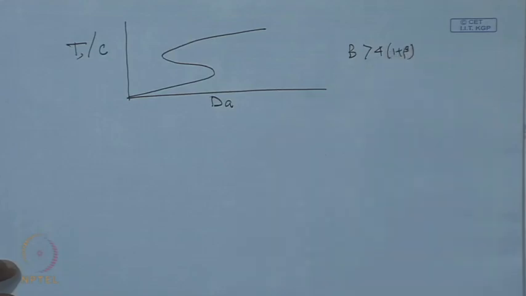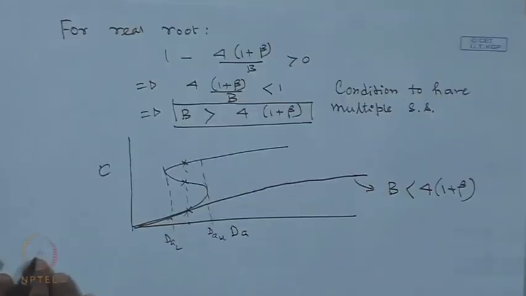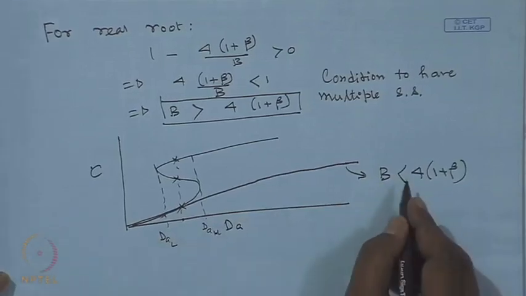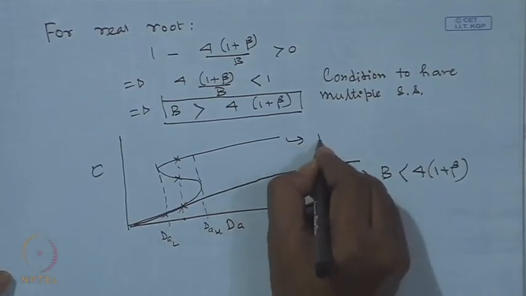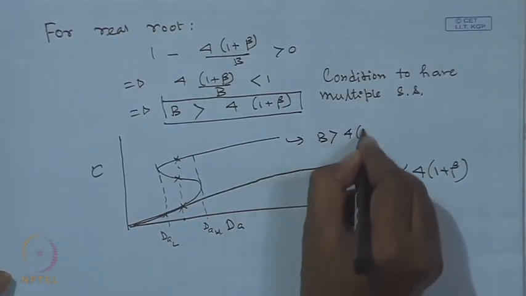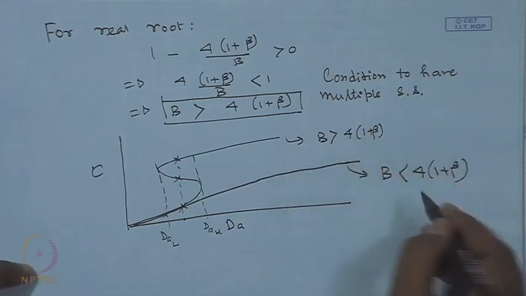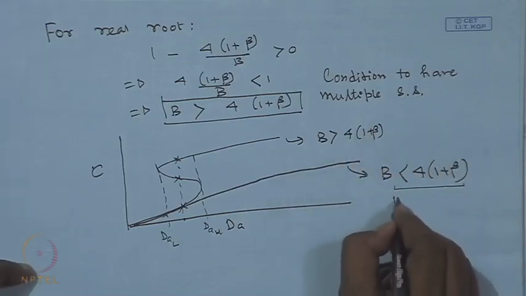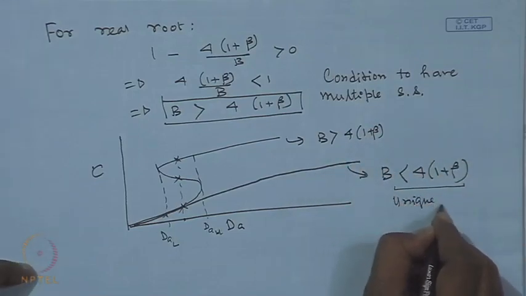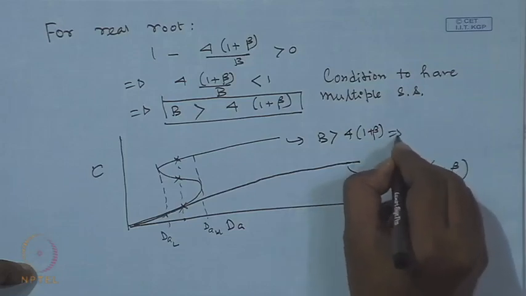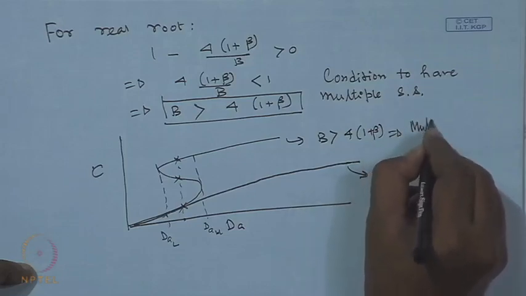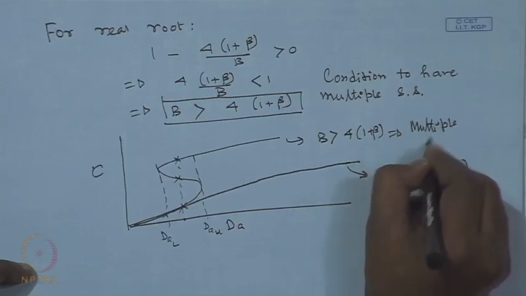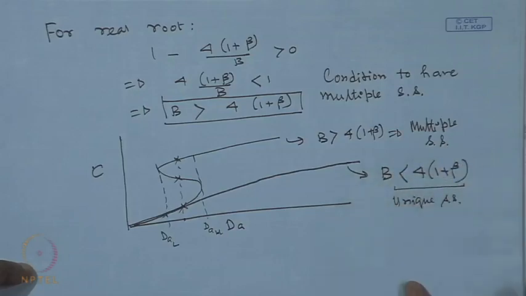If we summarize whatever we have obtained in the earlier slide, this is the condition for unique steady state, and this is the condition for multiple steady state.